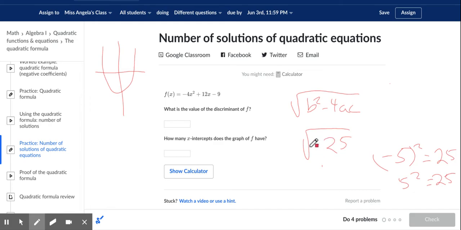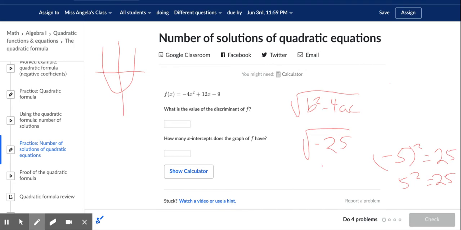Later on, we'll talk about ways we can use stuff like this, even though they're not real numbers. But this tells me that I have no solutions. There's no way that I can get this with numbers that I'm used to using. So if what you get inside the square root is negative, then that would be no solution.